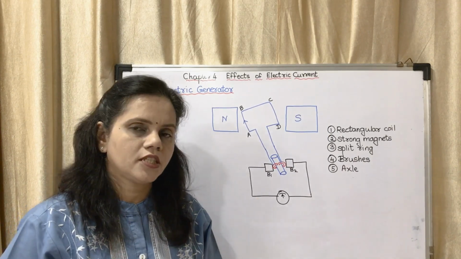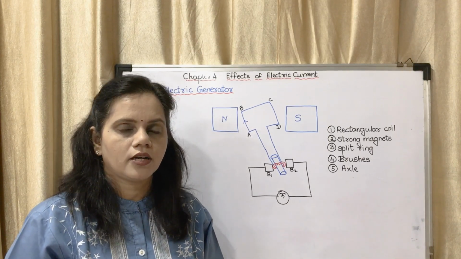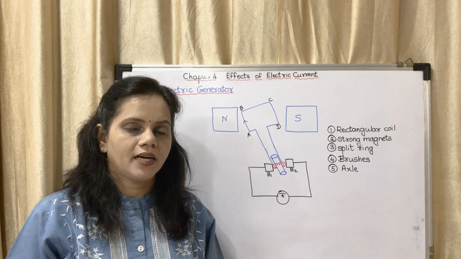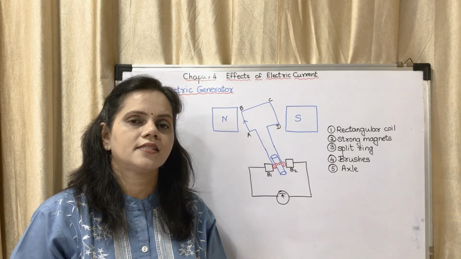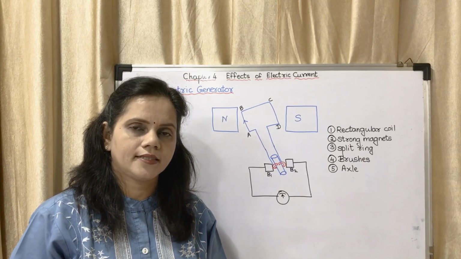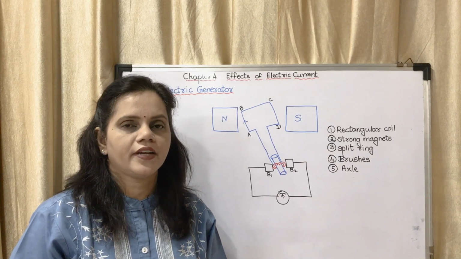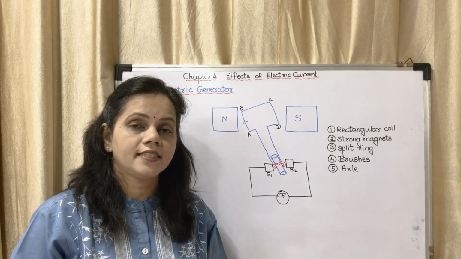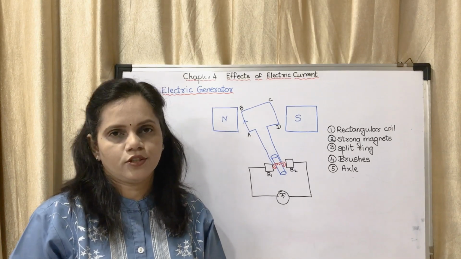If the question is on a generator, see whether it is a DC generator or an AC generator. This is a very frequently asked 5-mark question: the working of the electric AC generator or the electric DC motor. I have told you which paragraphs you have to write.